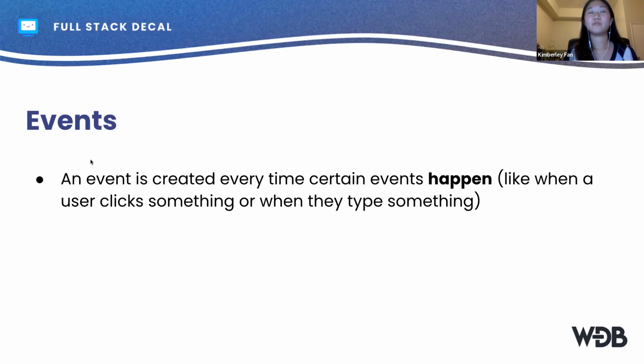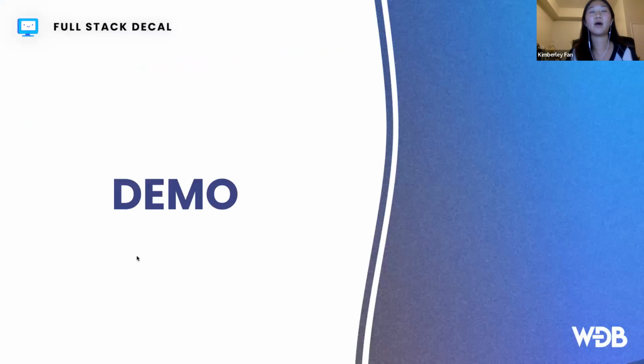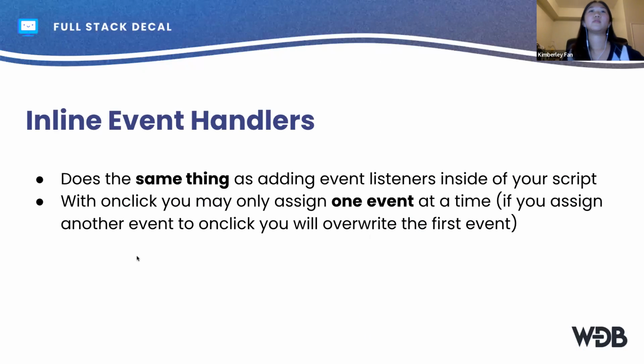But yeah, it's basically every time something happens, an event is created. So listeners are how you can respond to those events. So we respond to these events by having what are called event listeners. We give an event listener a function to run whenever an event happens. So I can show you how this works.